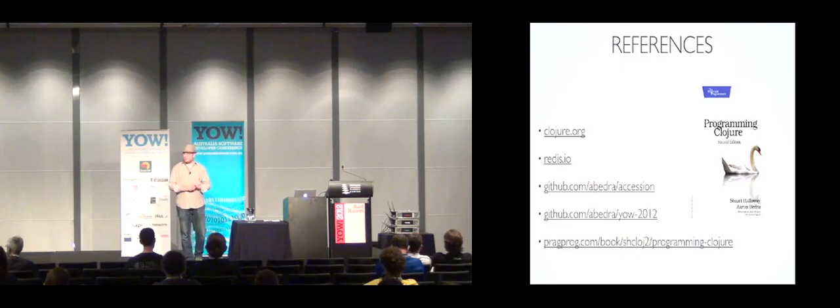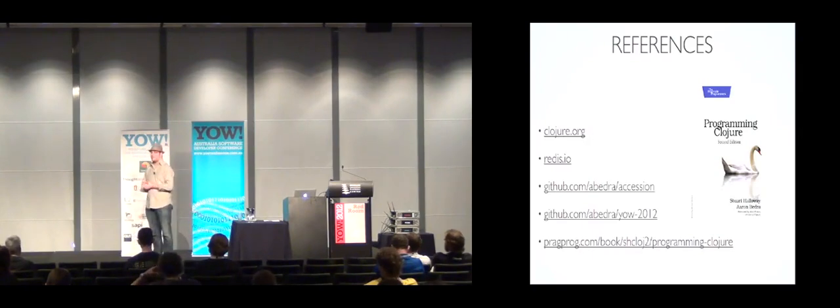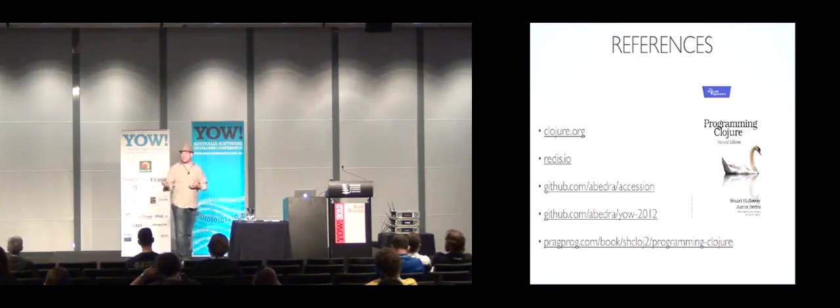In IntelliJ, there's Clojure. There's something in NetBeans that I'm not sure what the status of it is anymore. I use Emacs, so I'm useless when it comes to explaining how the IDEs work. Of course, very good Emacs support. It is a Lisp. That's what Emacs does well. There's great Vim support. Really, really nice Vim support, actually. I think it's probably the second best out of all of them.